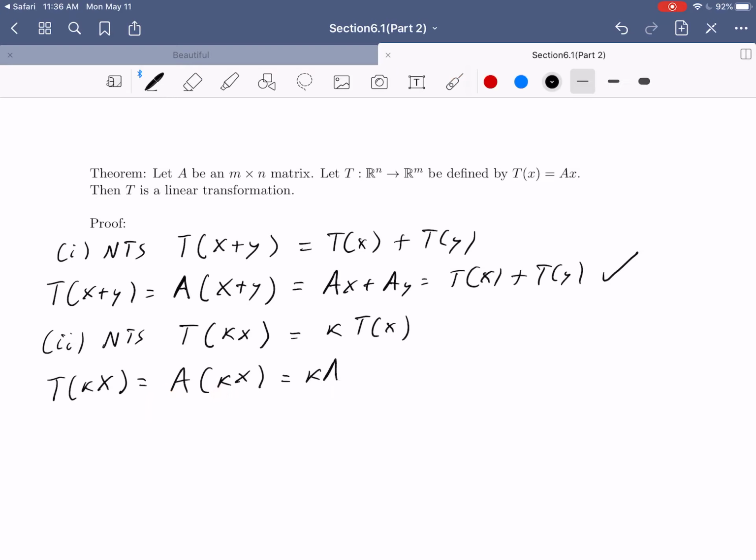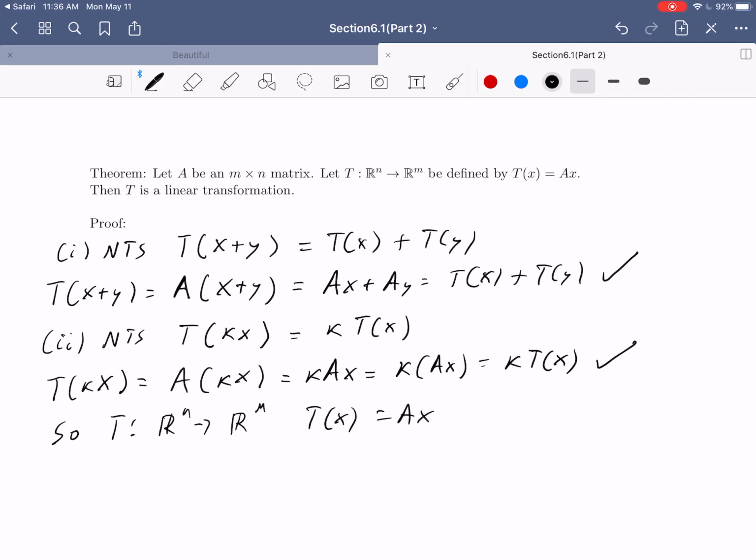So this is kAx, and that's, of course, k times Ax. And this guy right here is the definition of the transformation. So this is k times T of x, check. So T from Rn into Rm, T of x equals A times x, is a linear transformation.